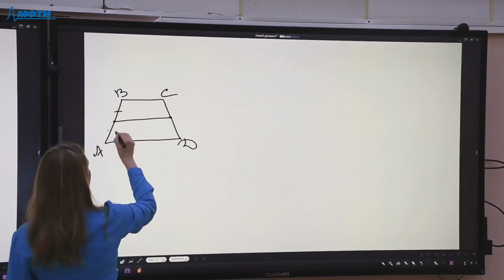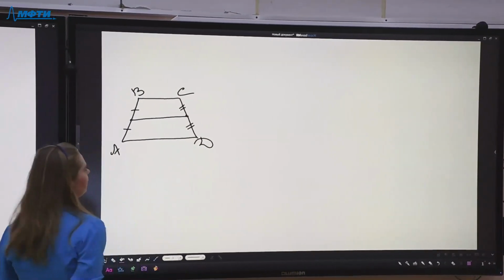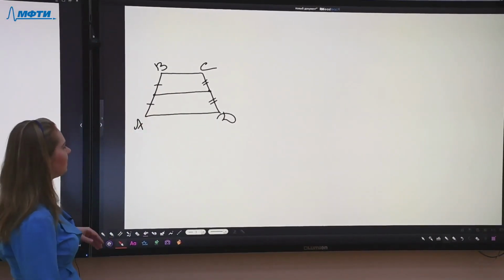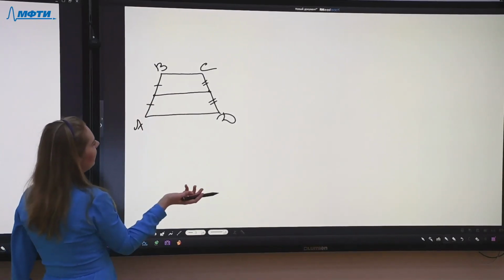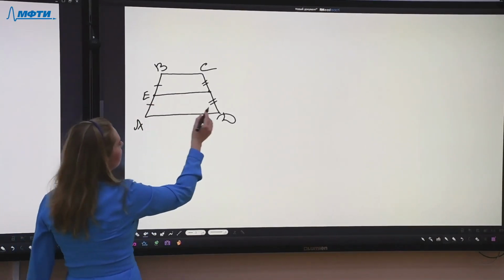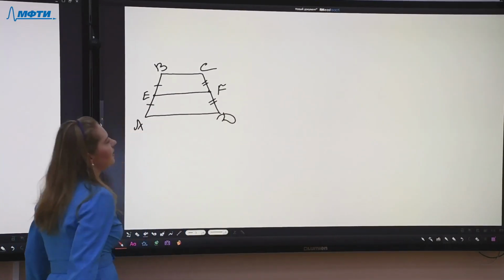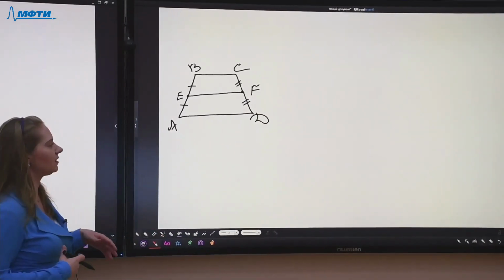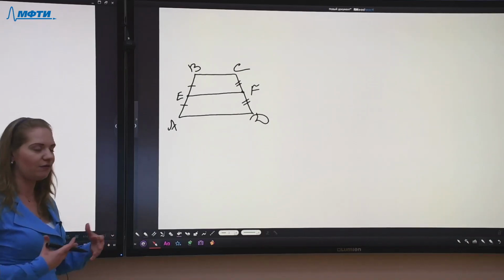So this is a midpoint, and this is also a midpoint. Maybe these two sides are non-congruent, doesn't matter. But this line, let it be EF, sometimes it is called a median of a trapezoid, and sometimes it is called a mean line of a trapezoid.